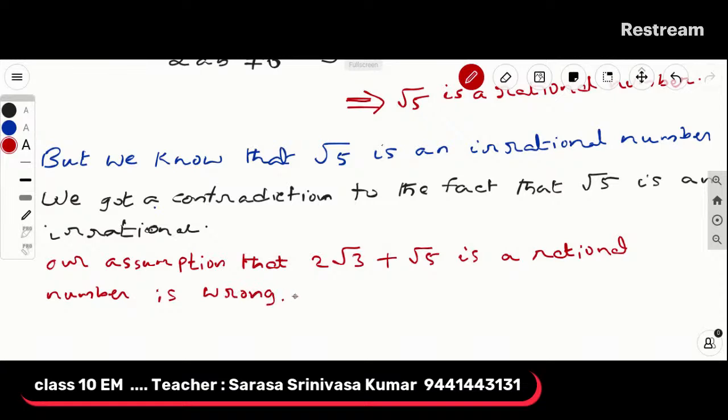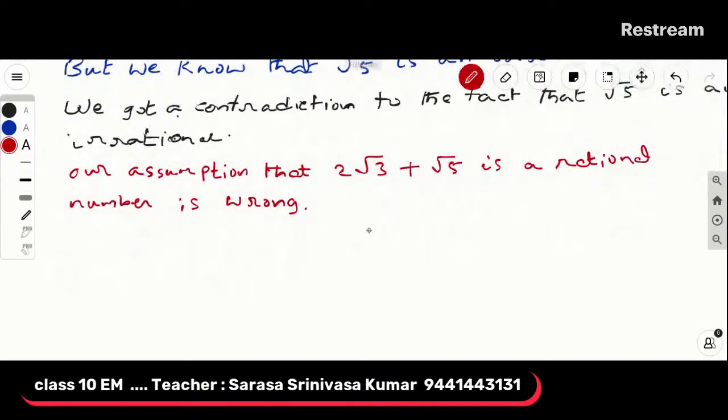If this is not a rational number, then it is an irrational number. So we note down the definition of irrational number.